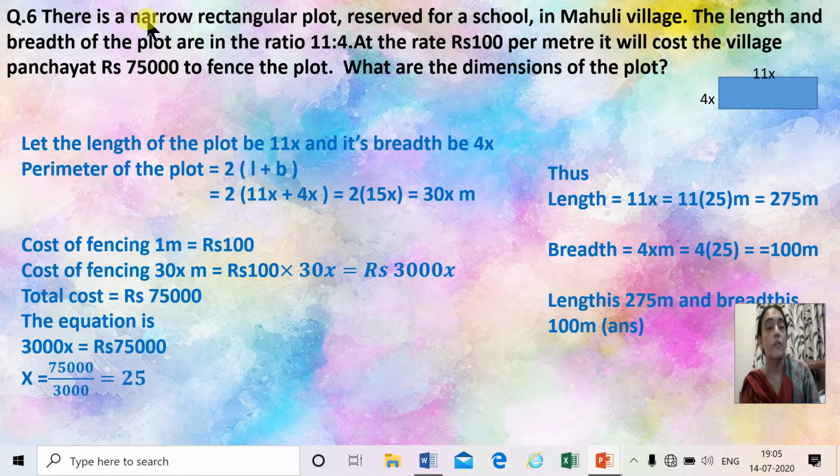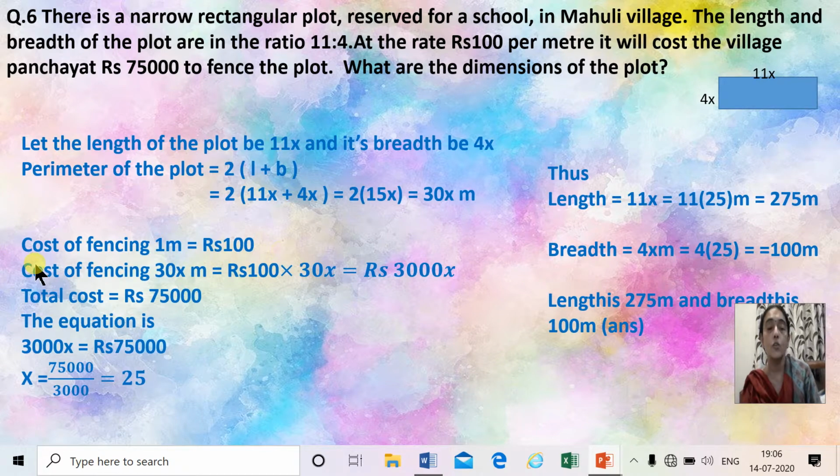Now the cost of fencing. Here we are also given the total cost, and we are given the rate of rupees 100 per meter. So first let us write from this. Find out the total cost of fencing 30x meters. Cost of fencing 1 meter is equal to rupees 100.